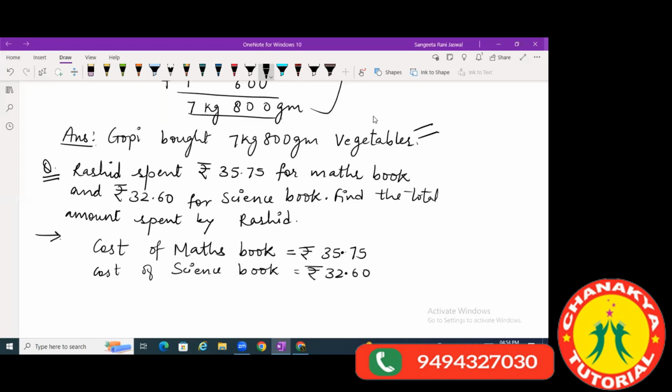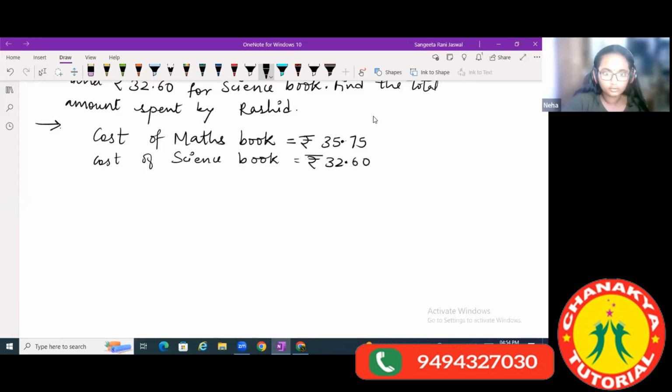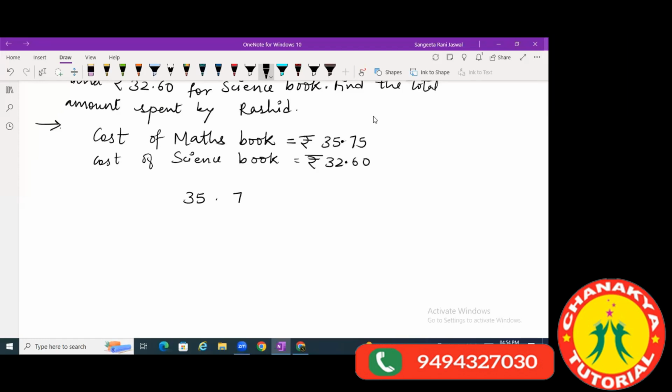So what we will do now? We are asked to find the total amount. So for the total amount, Neha, what we will do? Ma'am, will write the total amount spent by Rashid. So total amount will be 35 rupees 75 paise and 32 rupees 60 paise.